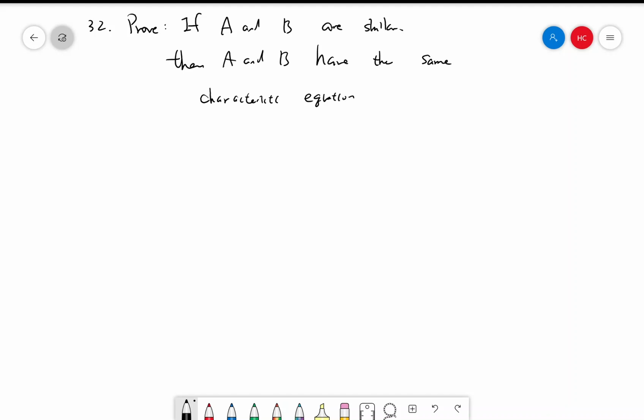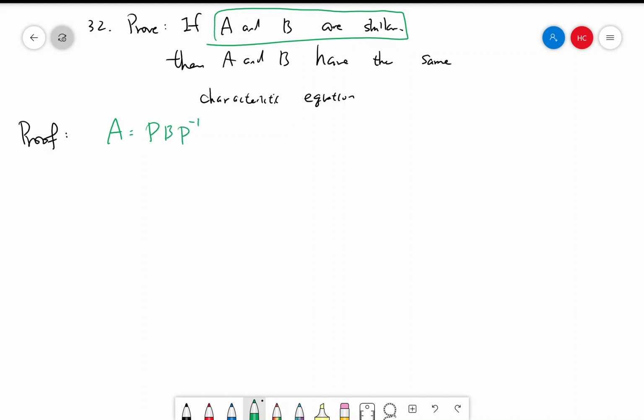Okay, so let's do that. Same thing. Let's first translate the definition of being similar. So A and B are similar means A equals P times B times P inverse, where P is an invertible matrix.